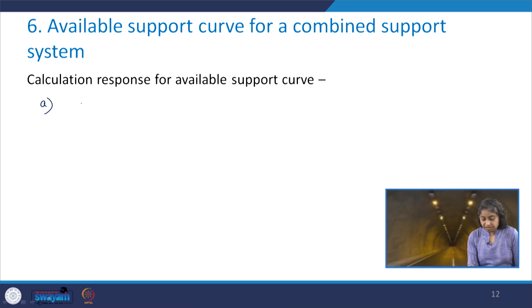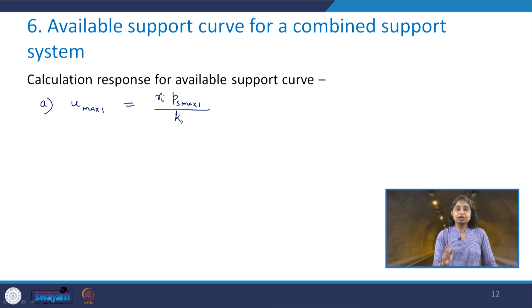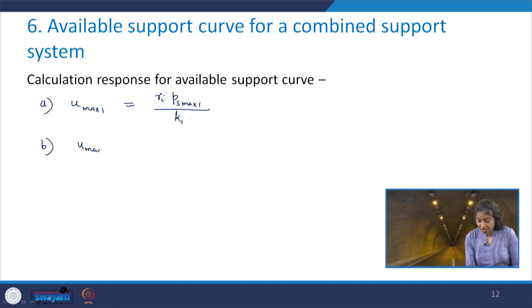Let us see. This is going to be first as u max 1, which is equal to Ri into Ps max 1 divided by K1. So, you see that here we are using the input data for the first support system, and we are trying to find out the maximum deformation knowing K1 and Ps max 1 along with the tunnel radius. Then we will find out for the second system, which is u max 2.